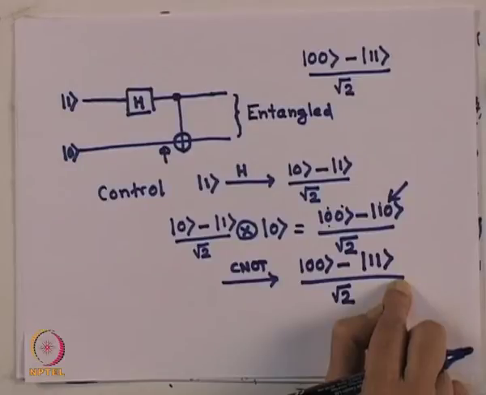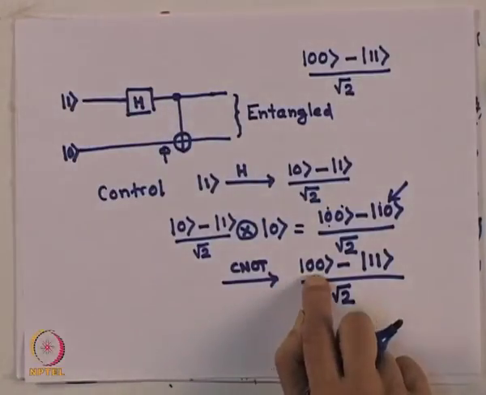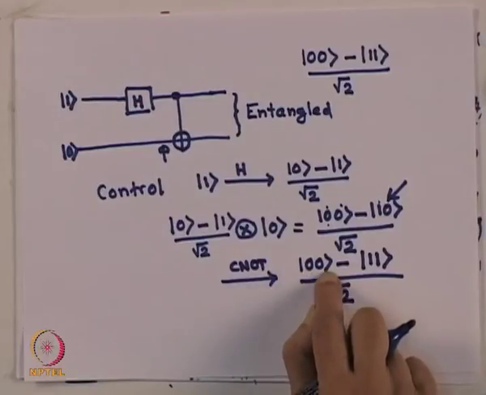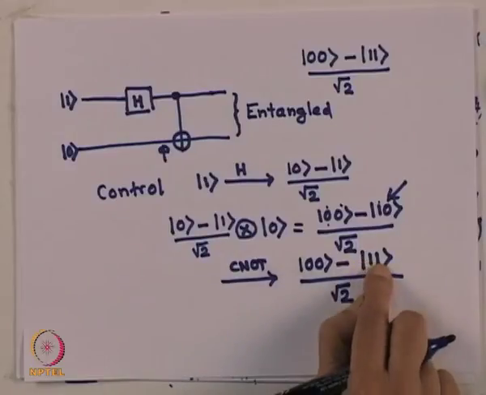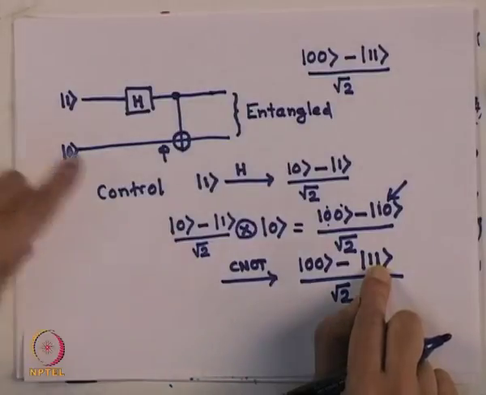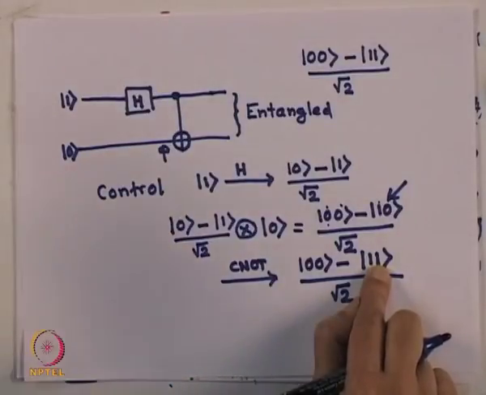What will make it different is if I make a measurement. If I made a measurement of the first qubit and I get a 0, the second qubit automatically becomes 0. And if I get a 1 for the first qubit, the second qubit collapses to 1. But the concept of measurement I will talk about later. But this is the way you can produce one of the 4 Bell states, and I would urge you to try to design simple circuits by which you can design the next 3 Bell states.